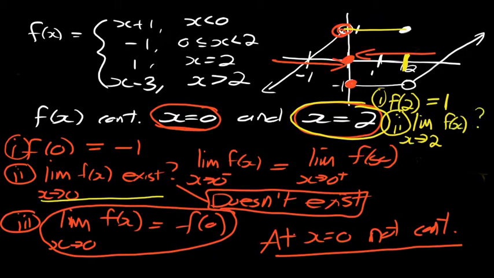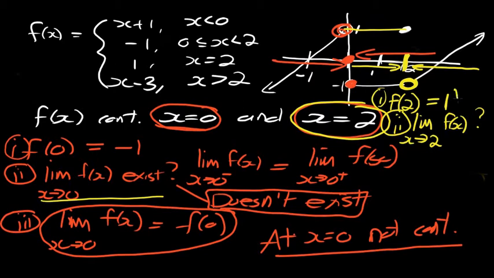Well, it does, doesn't it? Because here you'll see as x approaches 2 from the negative side, the corresponding y value is -1. And if x approaches 2 from the right hand side, the corresponding y value is -1. So the limit of f(x) as x approaches 2 does exist.